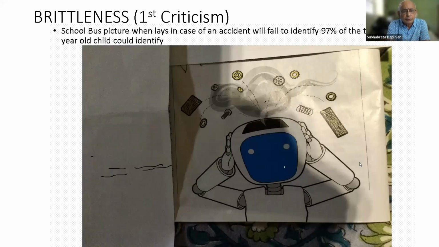If you see a school bus in an accident go on its side, 97% of the time a 3-year-old child could identify what happened. But AI failed to see that. It describes it as something else altogether. And this brittleness property has some issues.